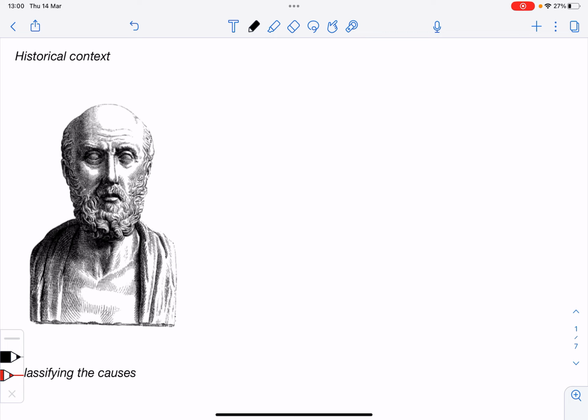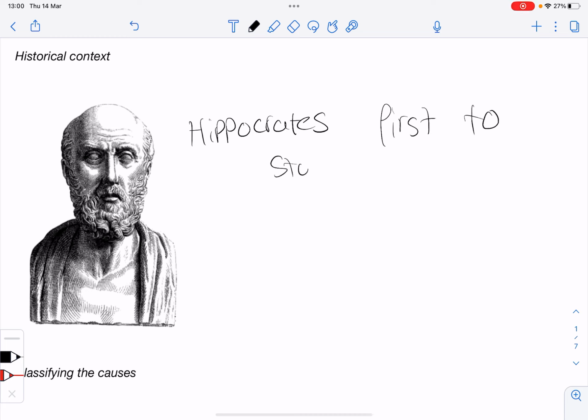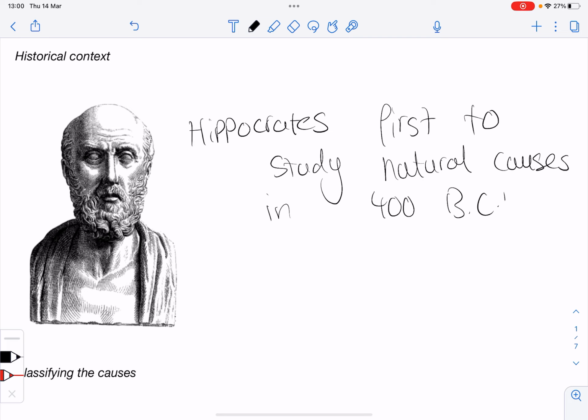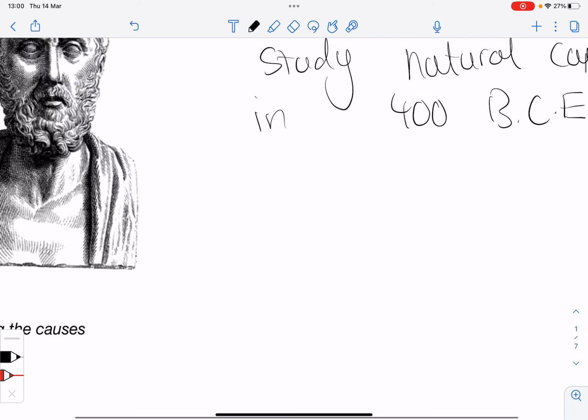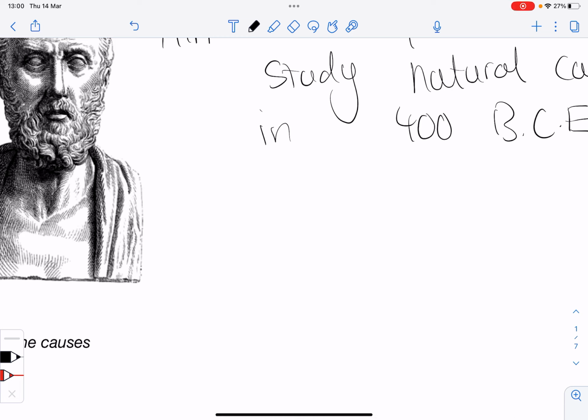So, Hippocrates, first to study natural causes in 400 BCE, and introduced the term aetiology.